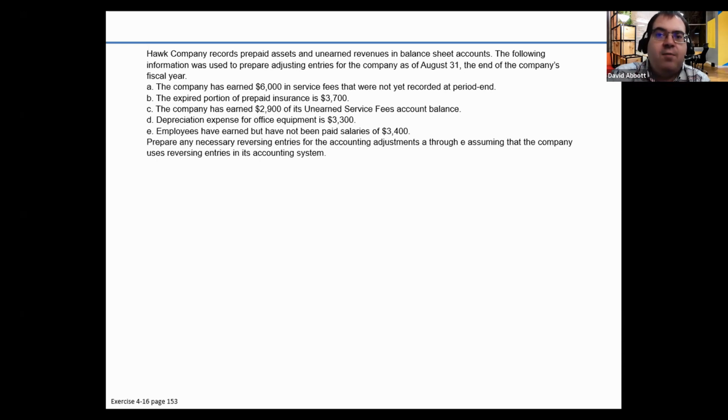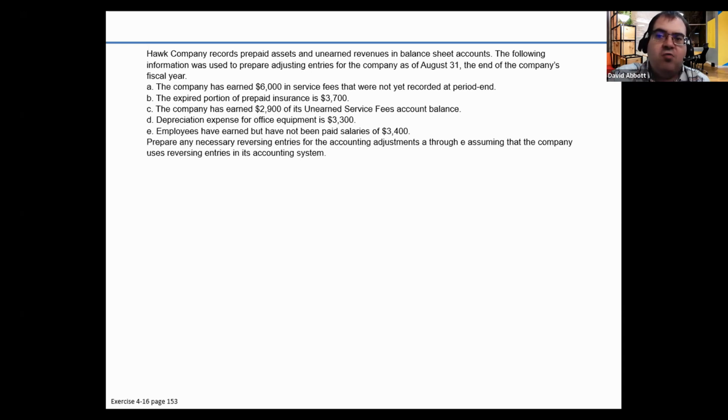The following information was used to prepare adjusting entries for the company as of August 31st, the end of their fiscal period. The company had earned $6,000 in sales revenue that had not yet been recorded at period end. The expired portion of prepaid insurance is $3,700.